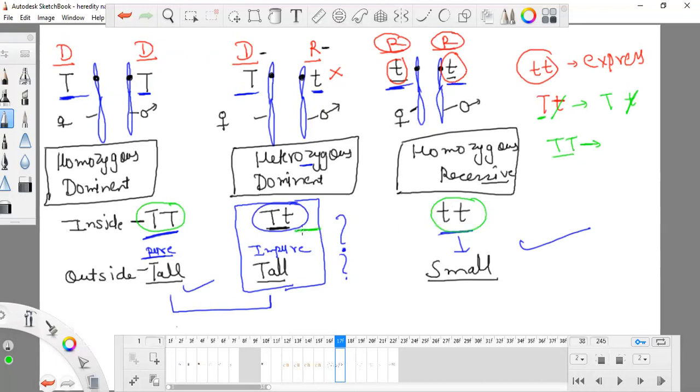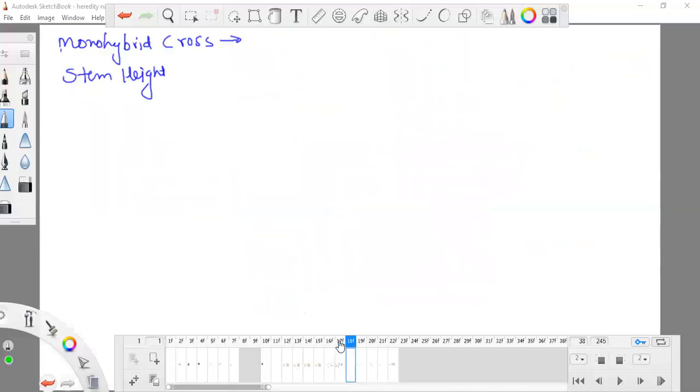It is not truly tall, it is impure, because one allele is different from the other, but because the dominant affects the recessive and the expression goes with the dominant, it will look tall, but it is not truly tall. But Mendel took two parents, and both of these parents were very pure. So Mendel took one pea plant, tall, and one pea plant, dwarf. Mendel took very pure plants.